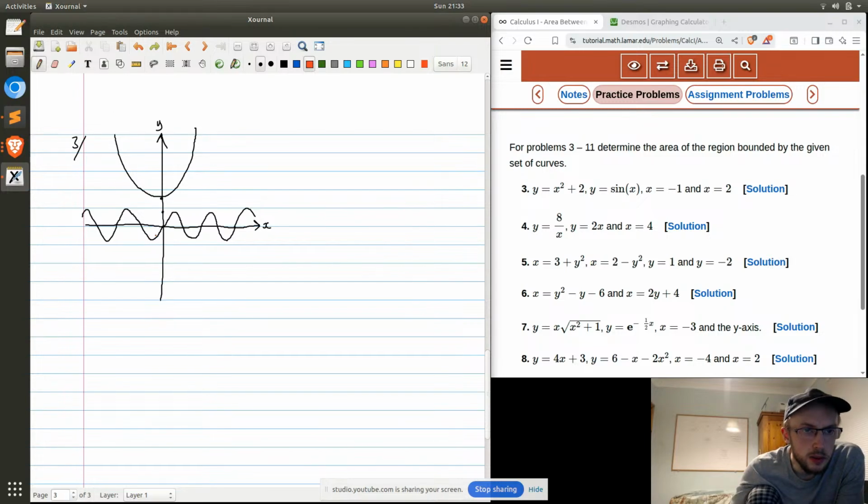So -1 should be there-ish. And 2 should be there-ish. And that's what I'm interested in, right? That region right there.